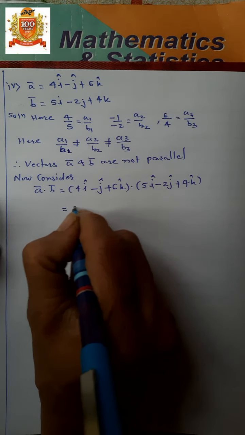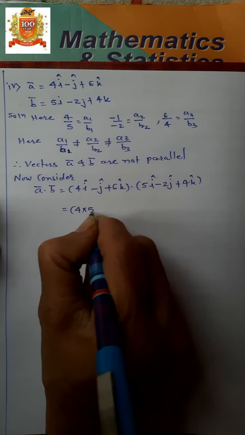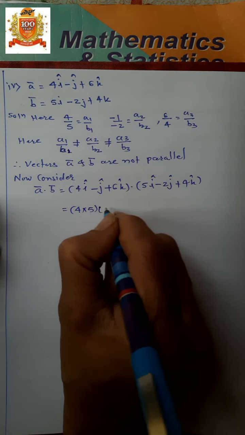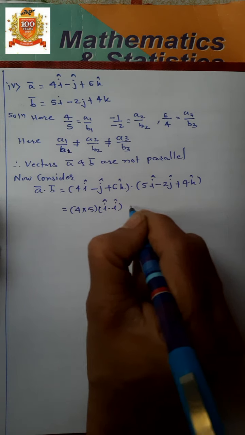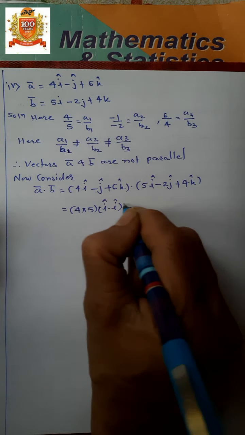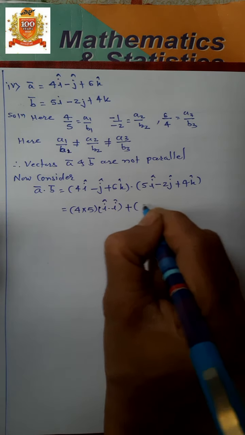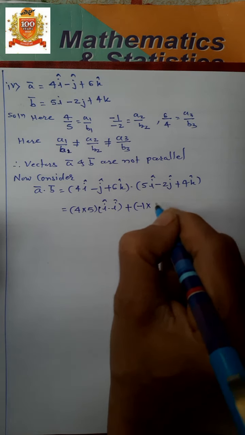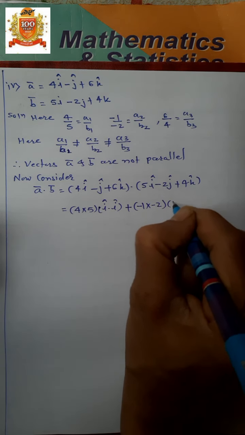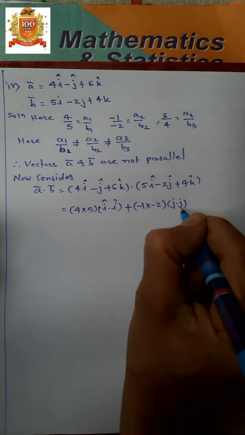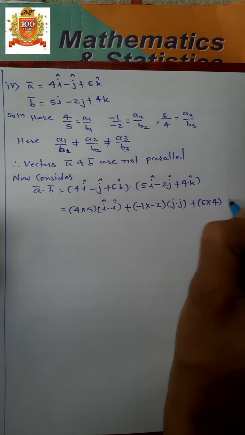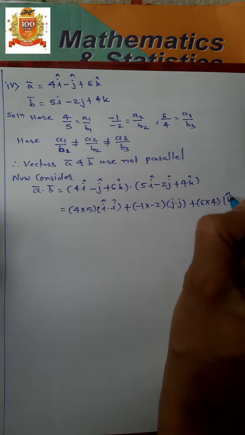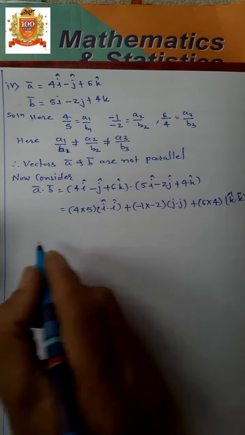Here we get 4 into 5 i dot i plus -1 into -2 j dot j plus 6 into 4 k dot k, isn't it?